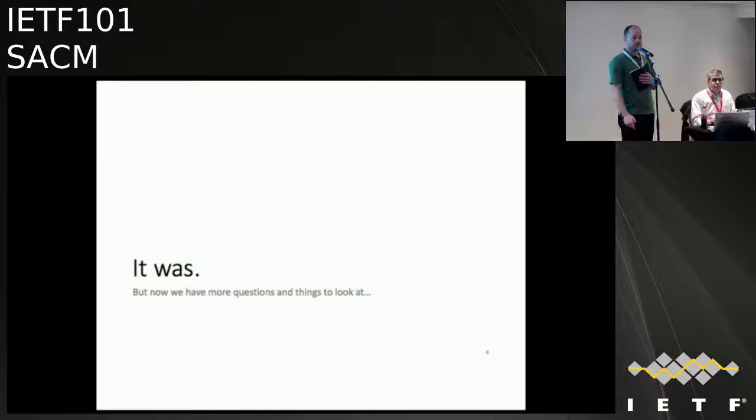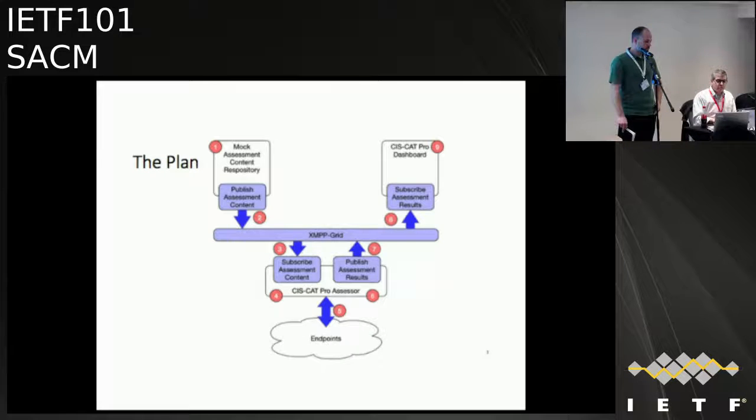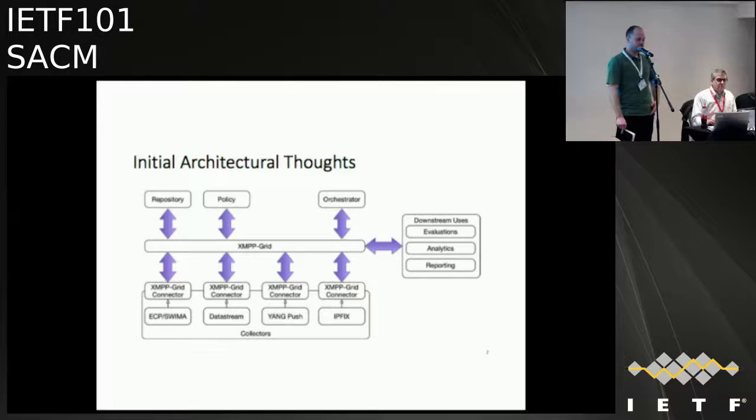Yeah, hi, Bill. Can I ask a question? For example, please go back to the previous slides. The first one. Yeah. Here I think you have different kinds of sources to collect. The YANG push and IPFIX. I want to know the reason why you include so many kinds of resources to collect.